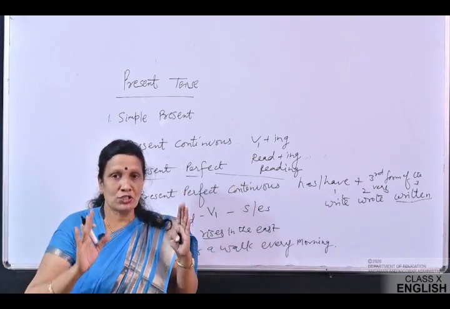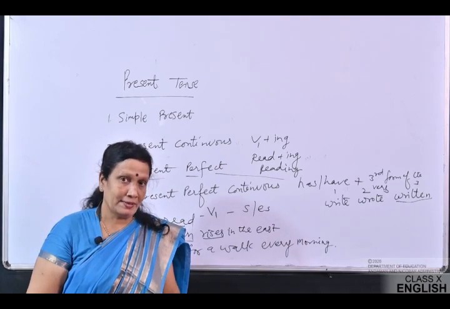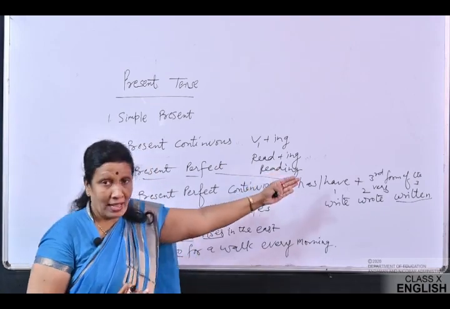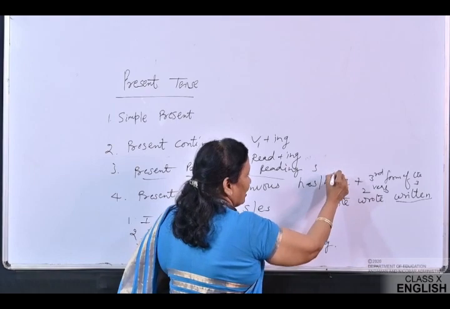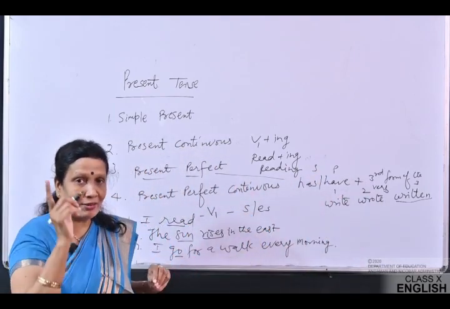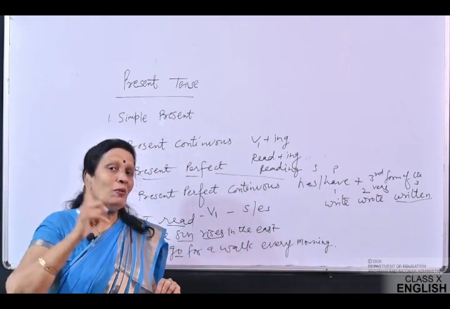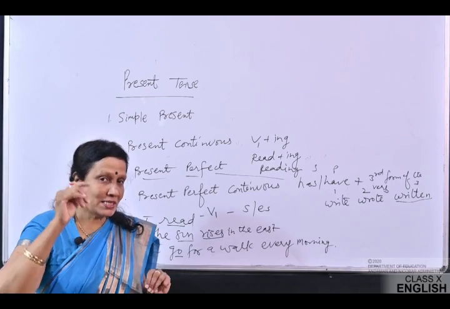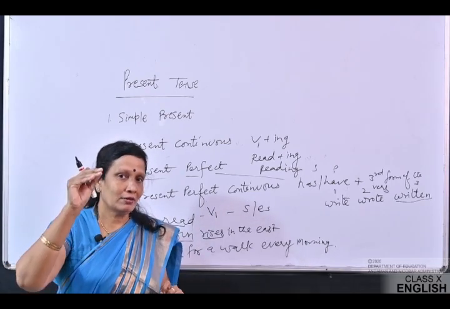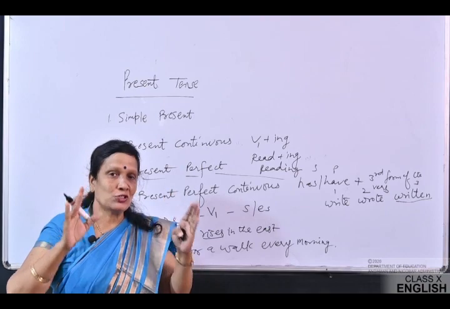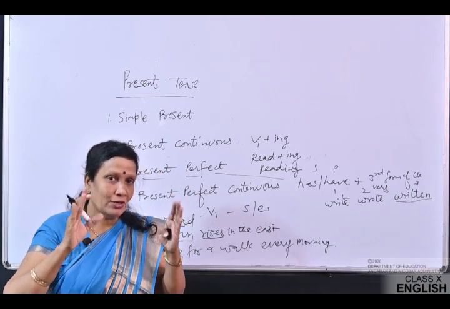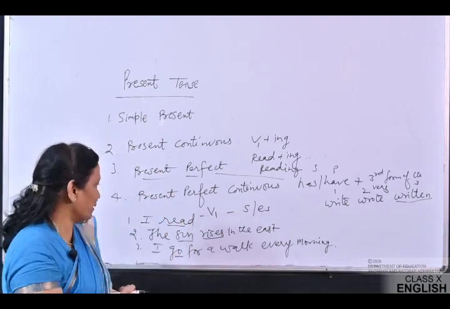It shows some action that has been completed. Okay, again has or have, for singular has and for plural have, and for I have and you have. Okay, please remember that. I am just repeating again and again so that it goes into your mind and you are able to understand it properly.